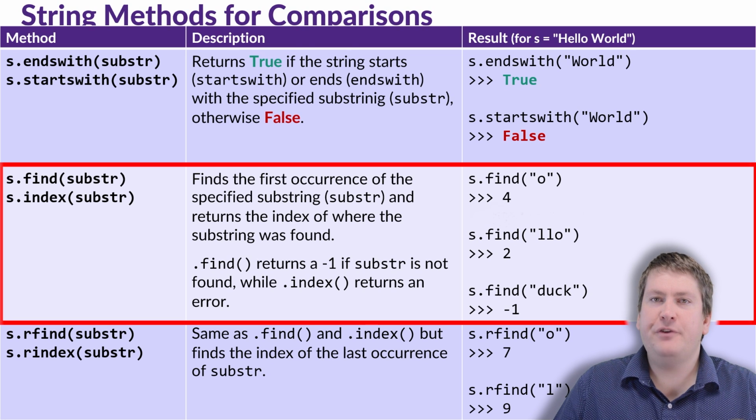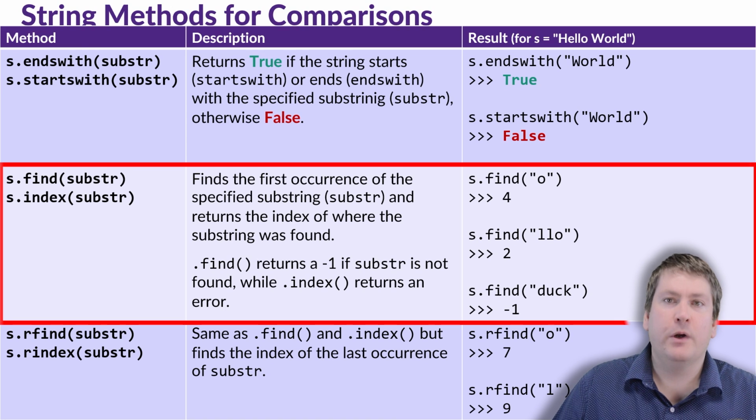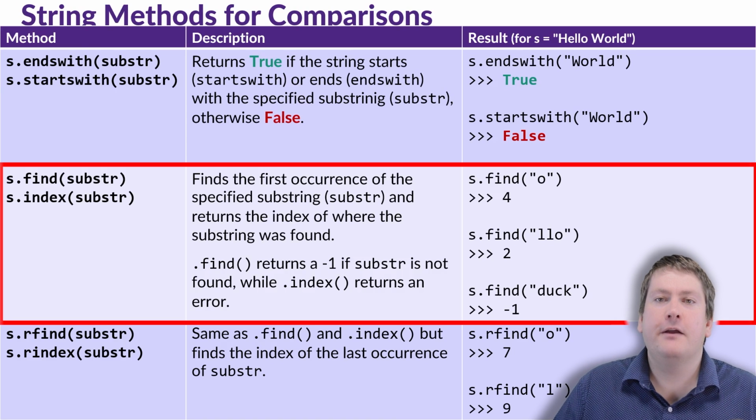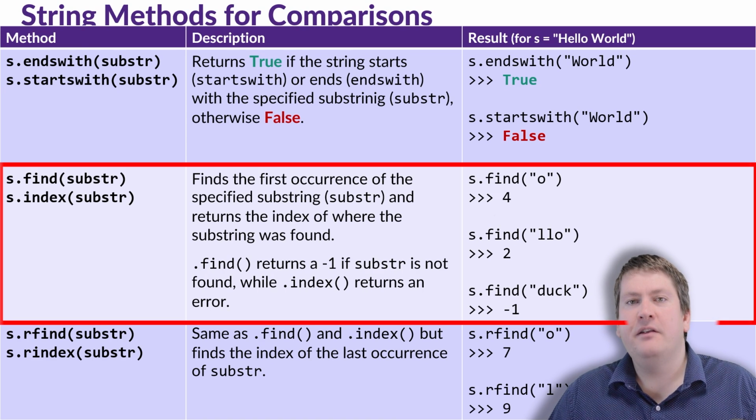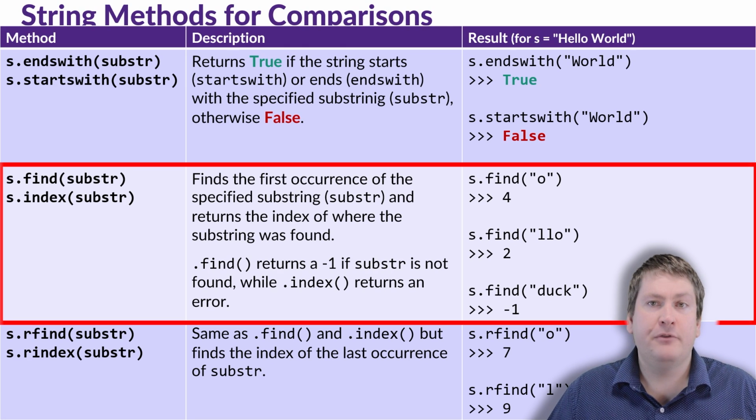So there is one special case for find and index that I should point out, and that is if it can't find the substring in the larger string. For example, here we're searching for duck in hello world. Obviously, duck doesn't occur in hello world. So what find does is it returns -1 to indicate that it couldn't find the substring.